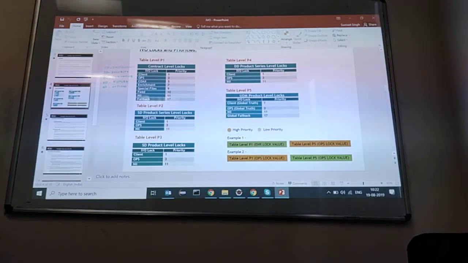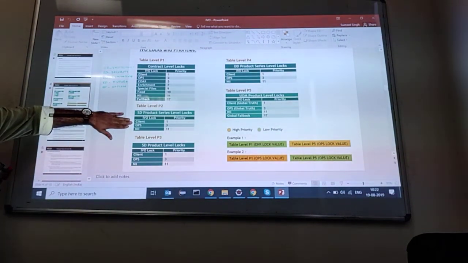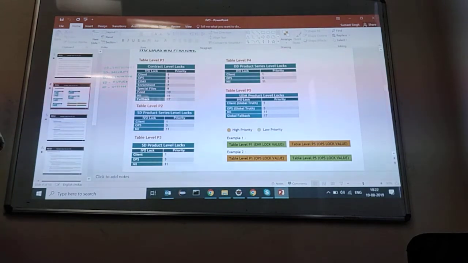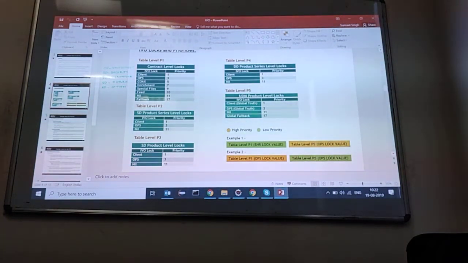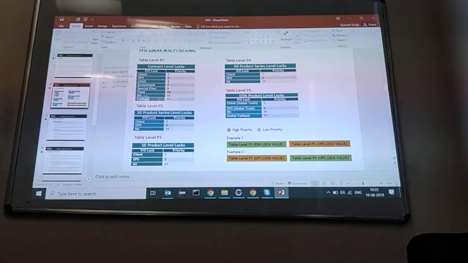So how does that series work? I'll come back to the series part afterwards, because if I explain it now, it will take a lot of time, and then I cannot explain the precedence level. So just understand there are certain feeds which give us series data, and we store that data in SD product series if it is coming from the feed. Similarly, we also have a DD product series, which is product level series data, and we have to define it at product level.